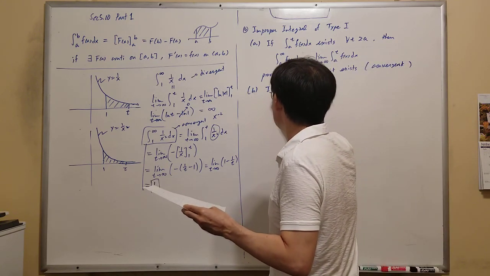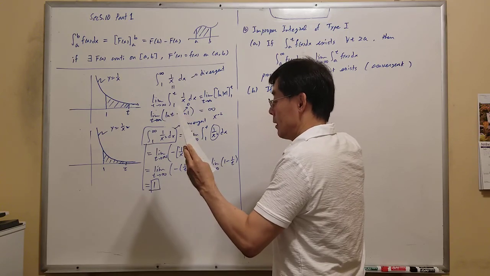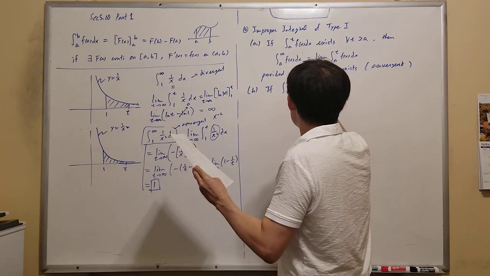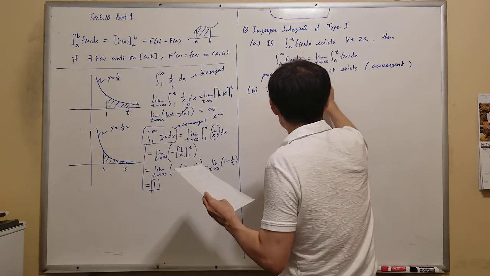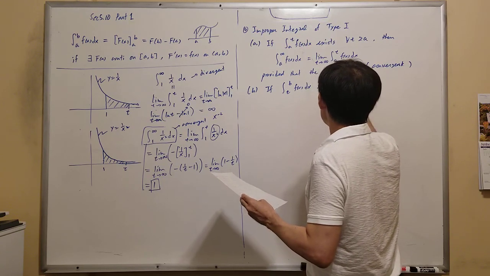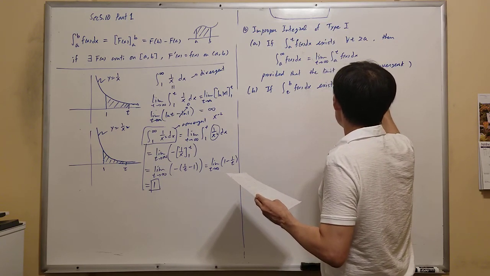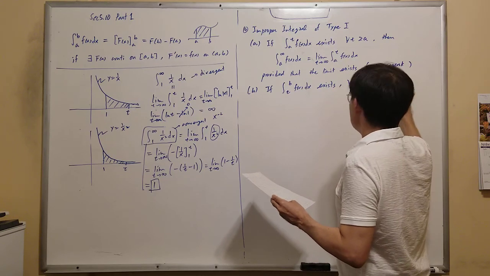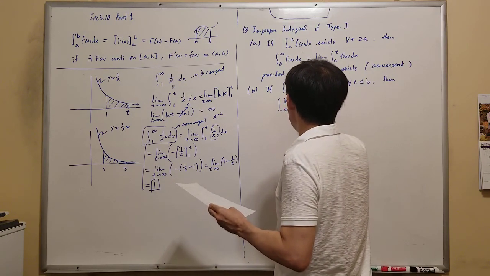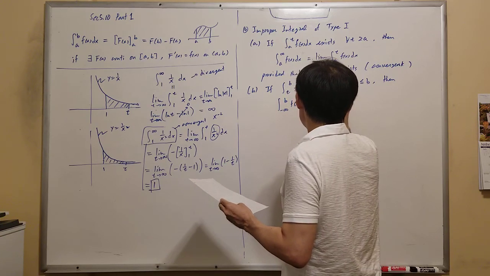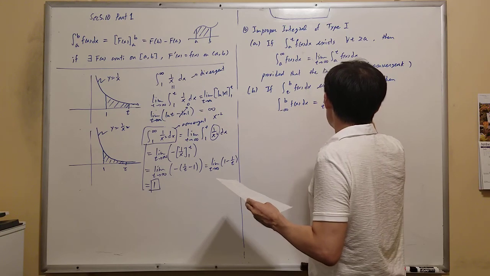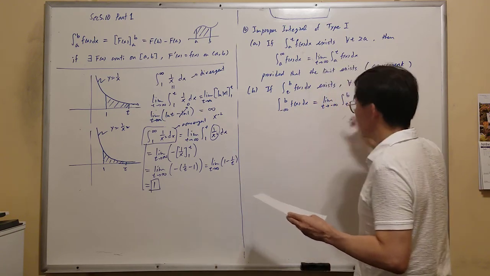B, if the integral from t to b of f of x dx exists for all t less than or equal to b, then the integral from negative infinity to b of f of x dx is defined as the limit as t goes to negative infinity of the integral from t to b of f of x dx.